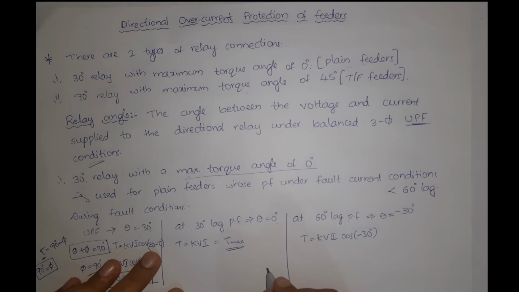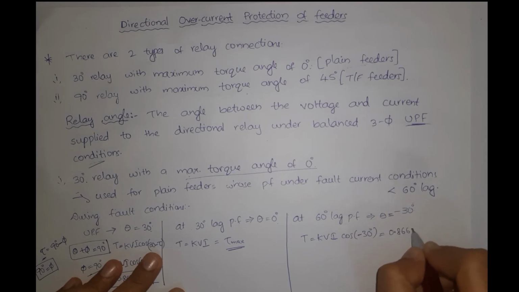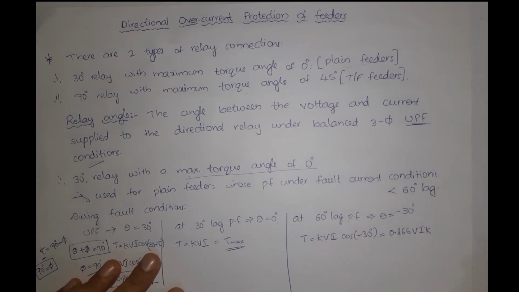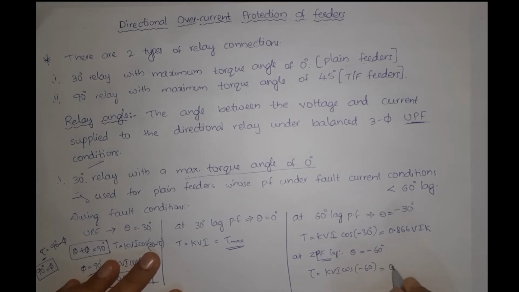In every case, tau, the maximum torque angle, is 0, so that is 0.866 VIK. In the same way, if you take zero power factor lag, theta comes to minus 60 degrees. So the torque will be KVI cos(minus 60 degrees), which comes to 0.5 into KVI.